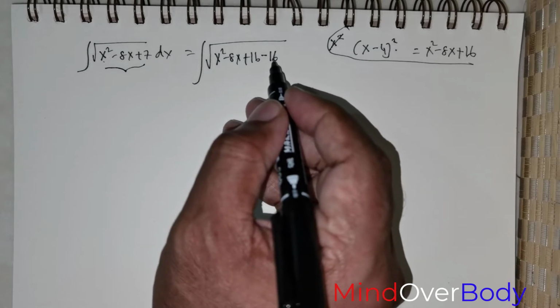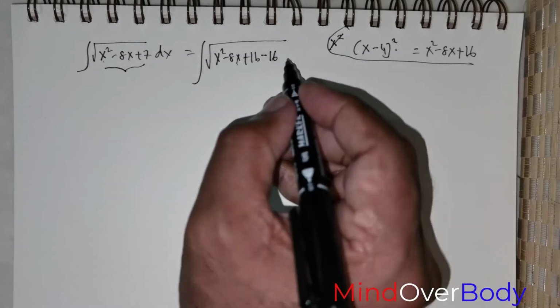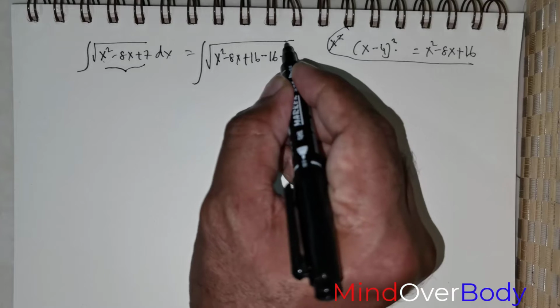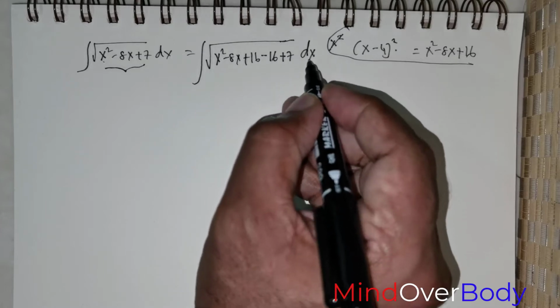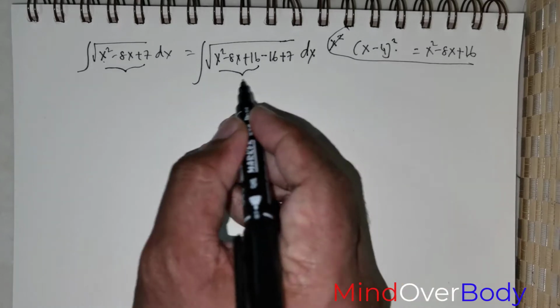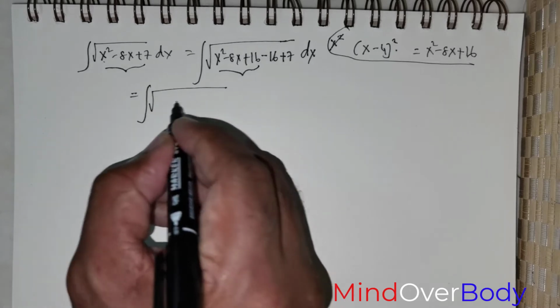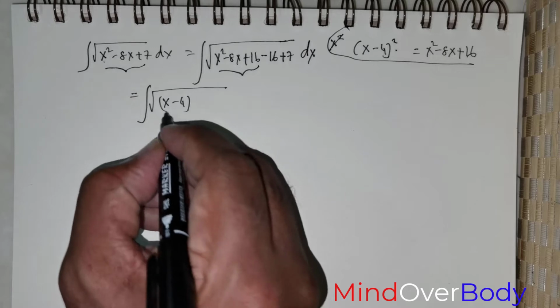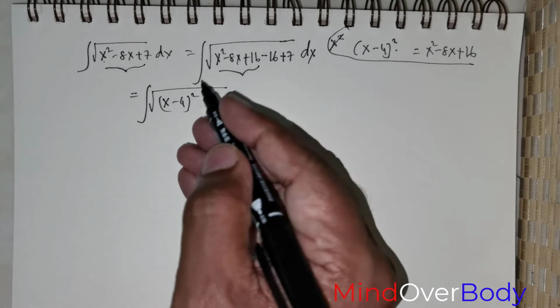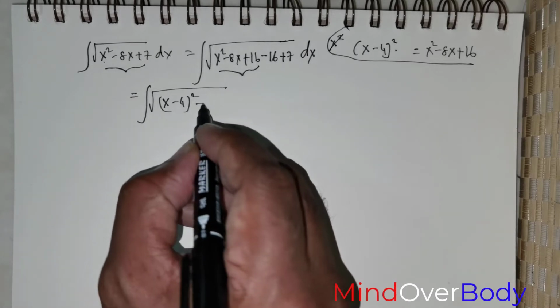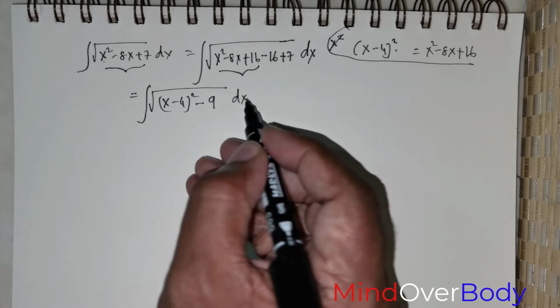That's exactly what I'm doing. But there is also a positive 7, so place that positive 7 along with the differential operator dx. These can be clubbed together. So I can rewrite this as the integral of root of (x minus 4) raised to the power of 2, minus 16 added with positive 7 would give us minus 9, with the differential operator dx.